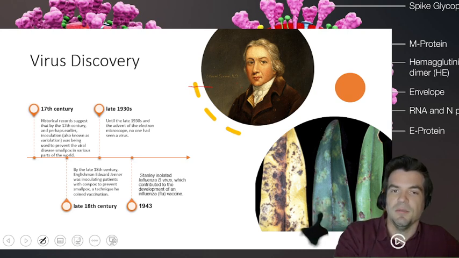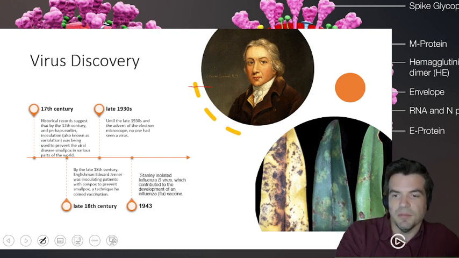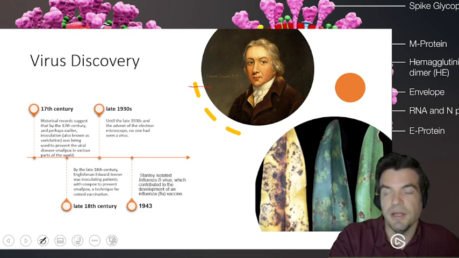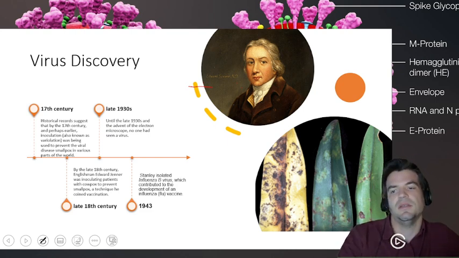And then we see in the 18th century the cowpox and the smallpox thing. But it wasn't until the 1930s that we actually can visualize what a virus is, because we actually need an electron microscope to see them.